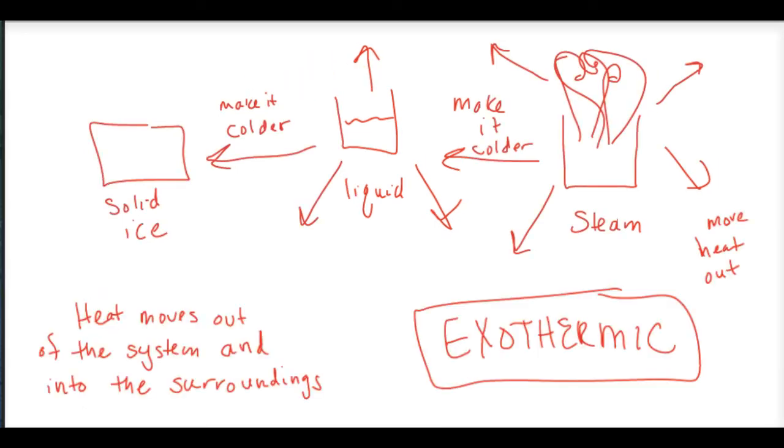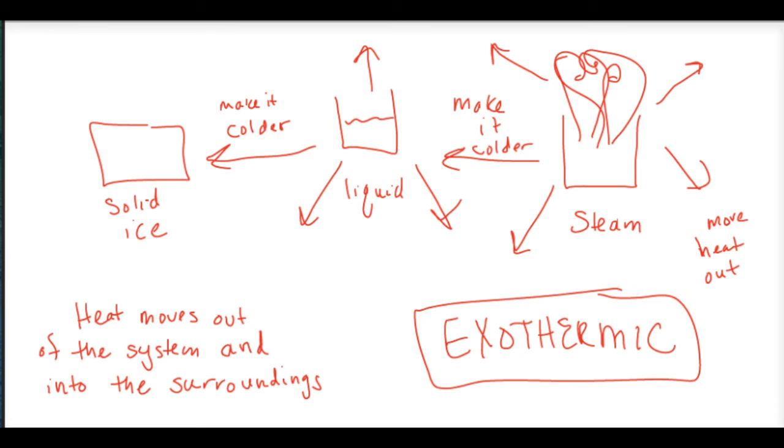To finish up our comments on phase changes going from steam to liquid to solid, remember the heat has to move out of the system and into the surroundings in order for the steam to turn to liquid and the liquid to turn to ice, and we call this process an exothermic process.